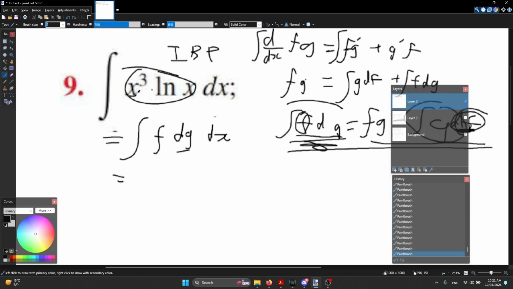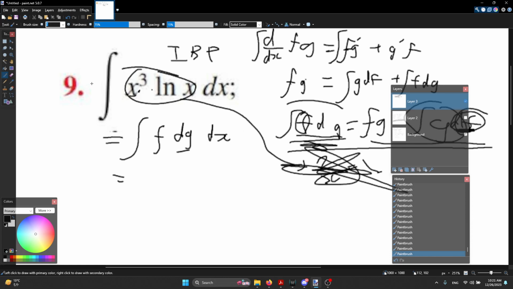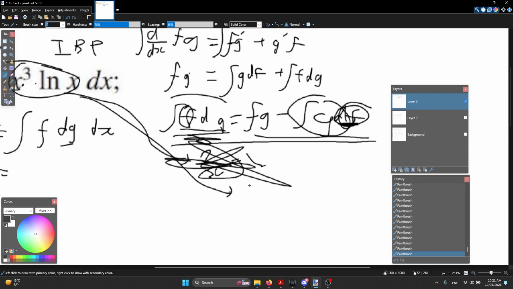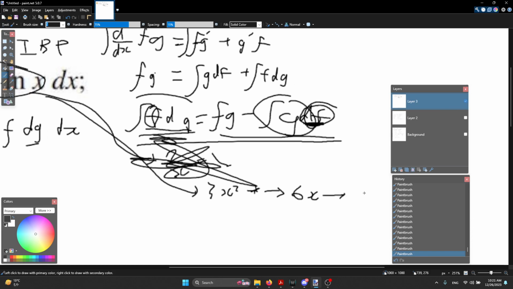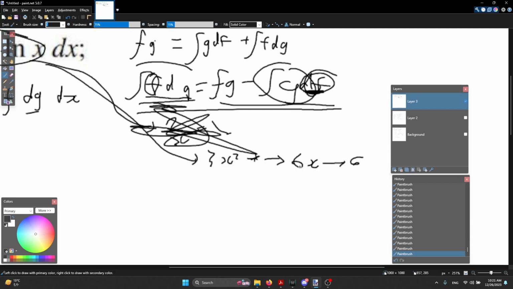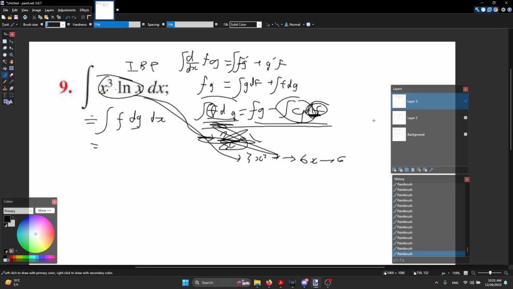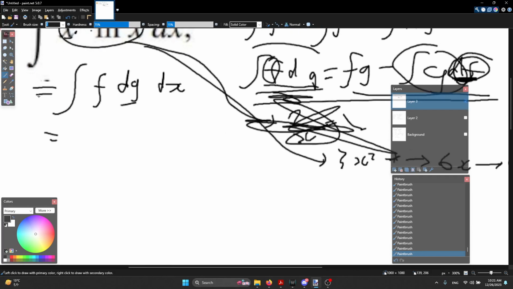So natural log of x, its derivative is gonna go like 1 over x and so on. It's never gonna end, right? But x cubed, it's gonna turn to a constant. You go 3x squared, then 6x, and then 6. So you only have to do this process twice to get 6.